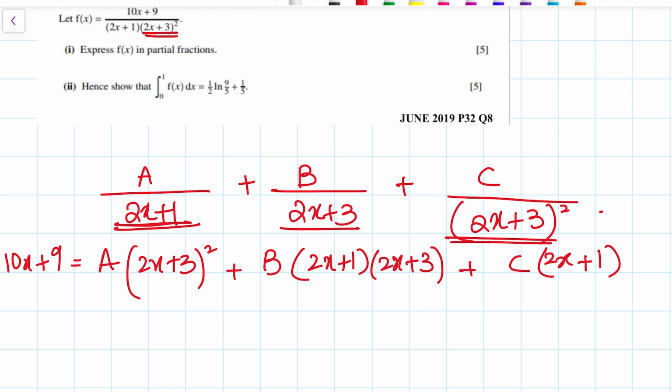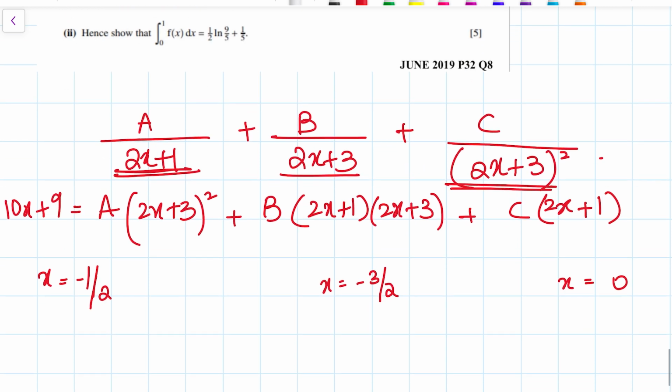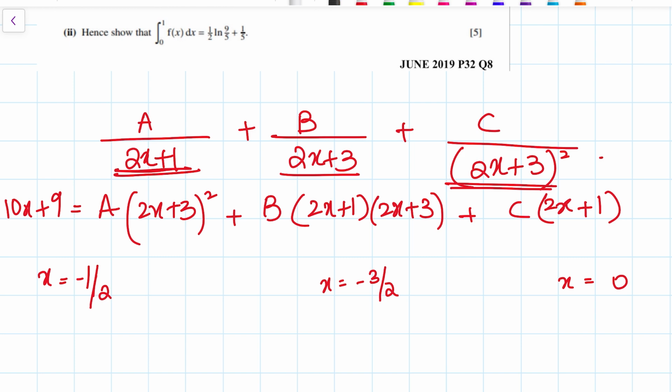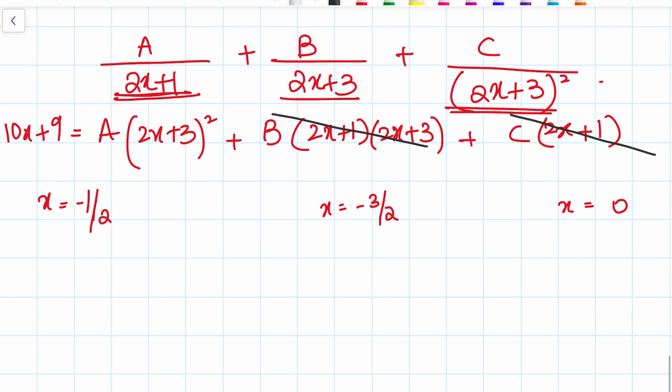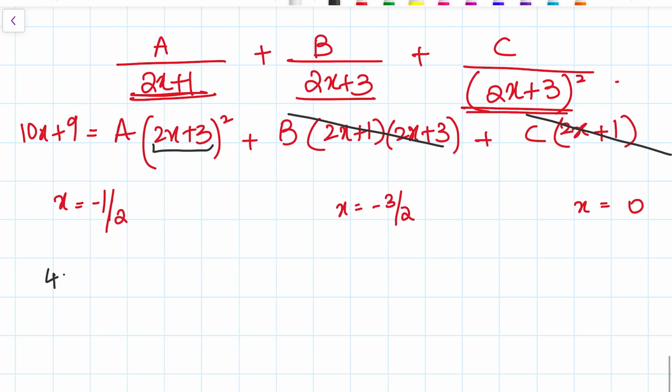Now let's put three values of x: minus half, x equals minus 3 upon 2, and then x equals 0. Now when we input minus 1 upon 2, this cancels out. This also cancels out. We are left with, let's input it, 2 into minus 0.5 plus 3 gives us 2 square, which is 4A.